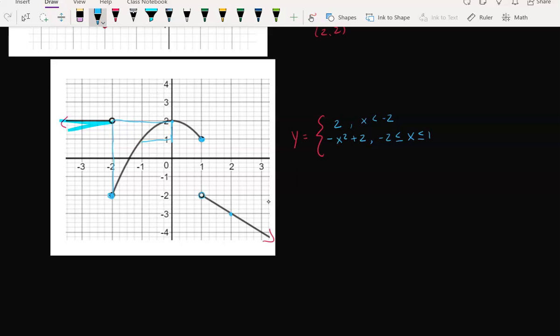That's down 1 to the left 1, down 1 to the right 1, so the slope is going to be a negative slope, and if I continue that pattern, up 1 to 1, up 1, that's going to be a -1, and that is from x greater than 1. I think that's right. I hope that's right.